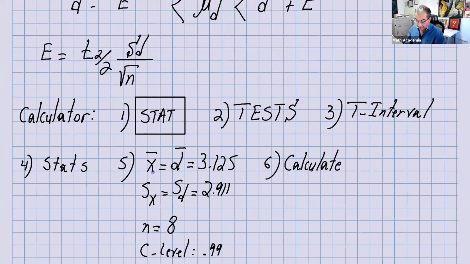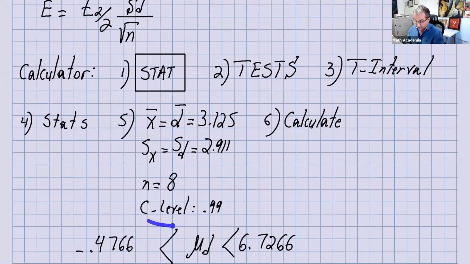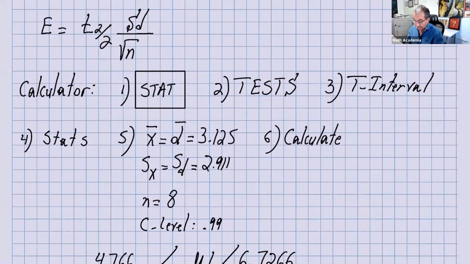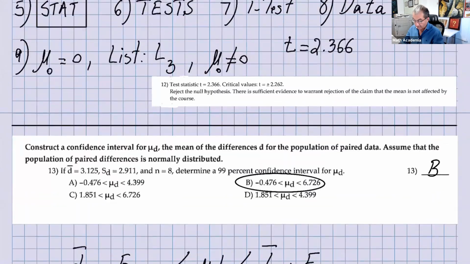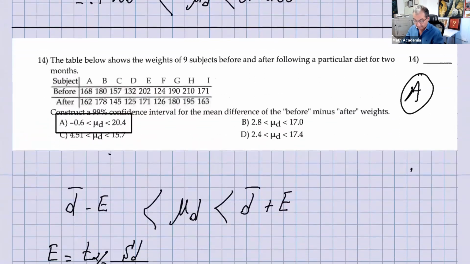For X bar, in T interval, you pick stats. In this case, because data is not given, you're given d bar. D bar is the same thing as X bar. So you substitute 3.125. S sub X is the same thing as S sub d, 2.911, and n is 8. And the confidence level is 0.99, and you just say calculate, and the calculator will give you this result. And B is the answer.